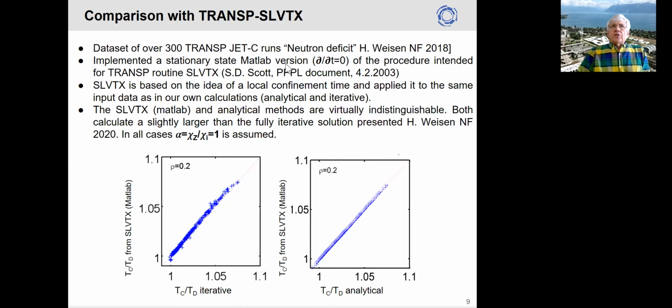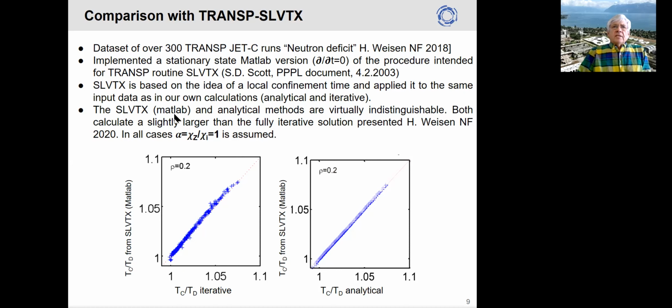A stationary state MATLAB version of SLVTX, that means one with the time derivative set to 0, was created and compared to our analytical and our iterative solutions. SLVTX is based on the idea of a local confinement time, and it is applied to the same input data as our own calculations here, the 300 runs.